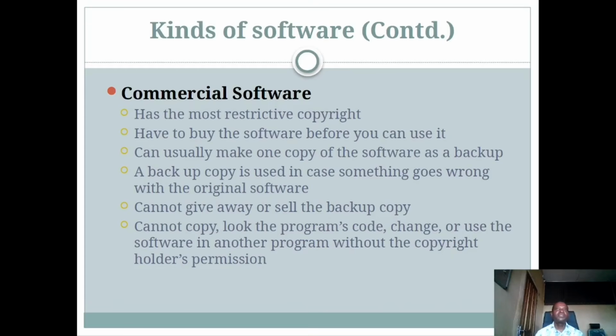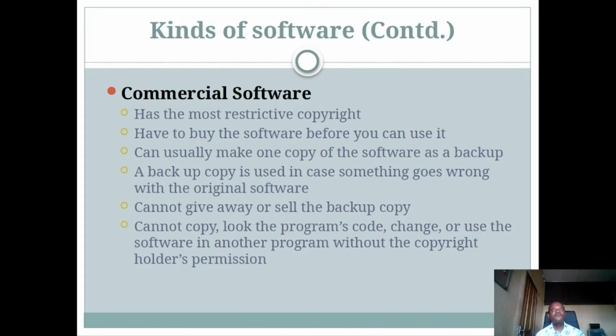Okay, and we also talked about classification of software. Software is classified into two major headings. The first one is user written programs, or what we call bespoke software, and the other one is application packages or packaged software. Application packages are softwares you get off the shelves from computer shops, and are standard softwares.